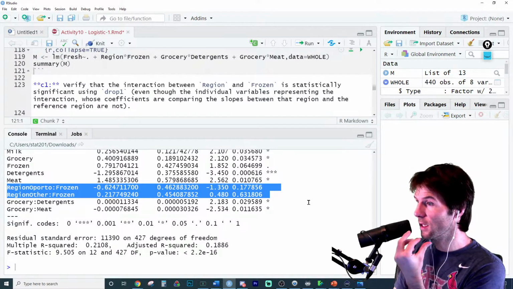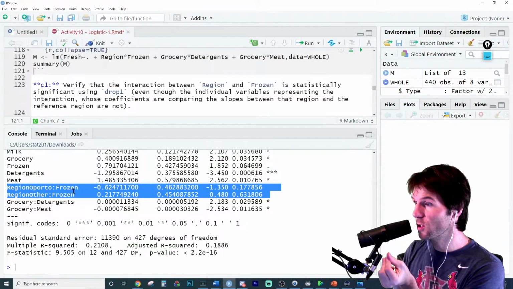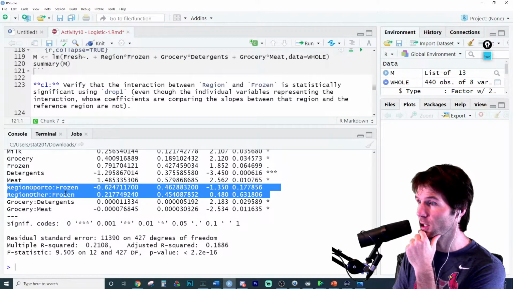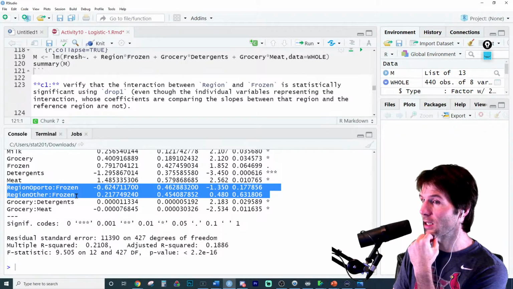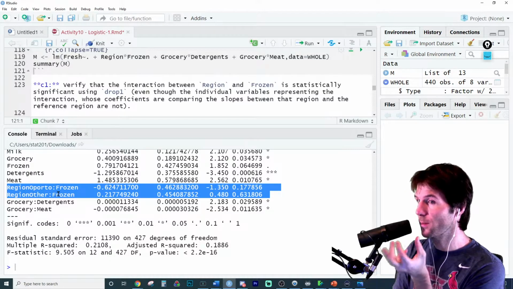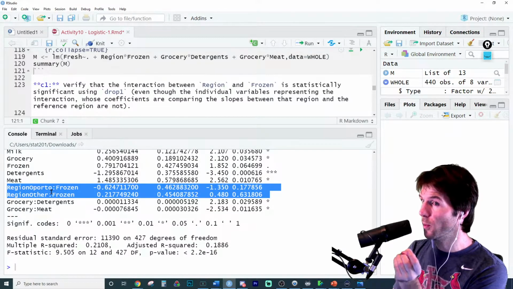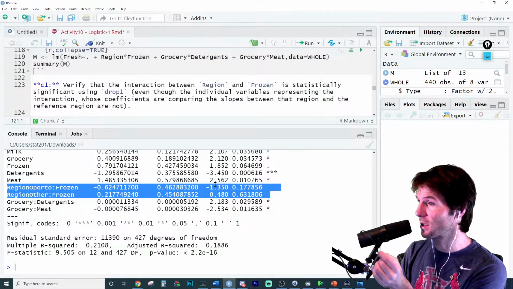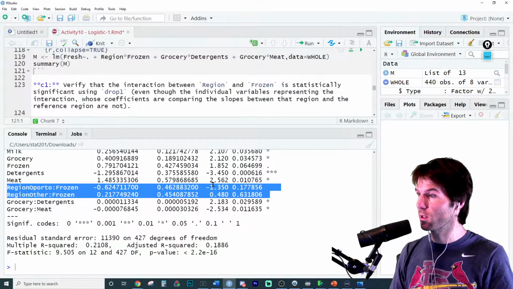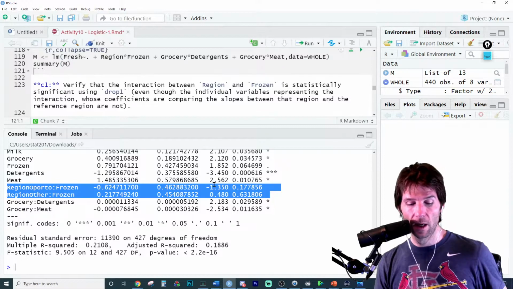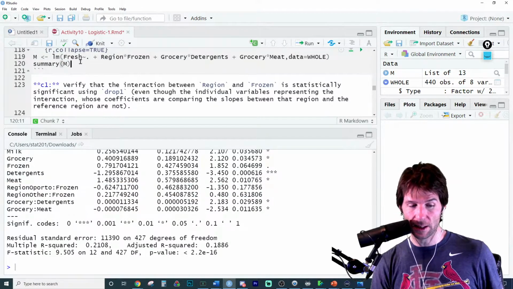This means that the differences in slope for region Lisbon, for how it's predicting fresh based on frozen, is not statistically different than these 2 other regions, because we compare it to the slope of region Lisbon, the reference level of the region variable. So these both are not statistically significant.